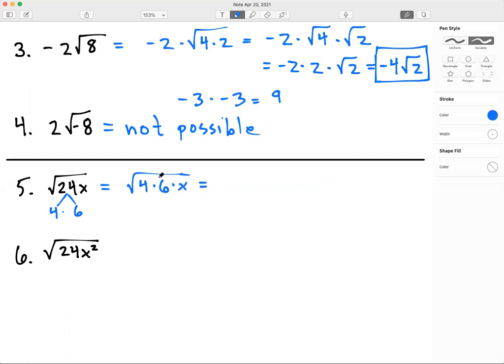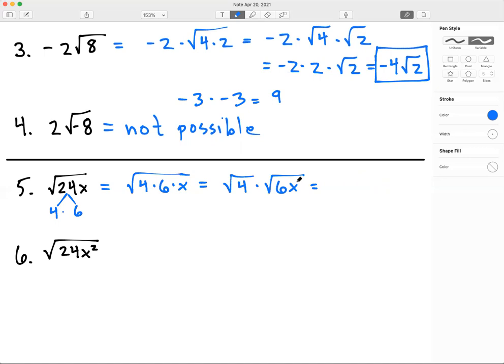And then we're going to split and use the product property of square roots. And I'm just going to write this as square root of 6x because I know that I can't take the square root of 6 or x. But here's what we do. When we have a variable in there, first of all, we can't take the square root of x, so the simplified version of it would just be the square root of x, okay? Just like we can't take the square root of 3 and get an exact answer, well, we can't really take the square root of x.